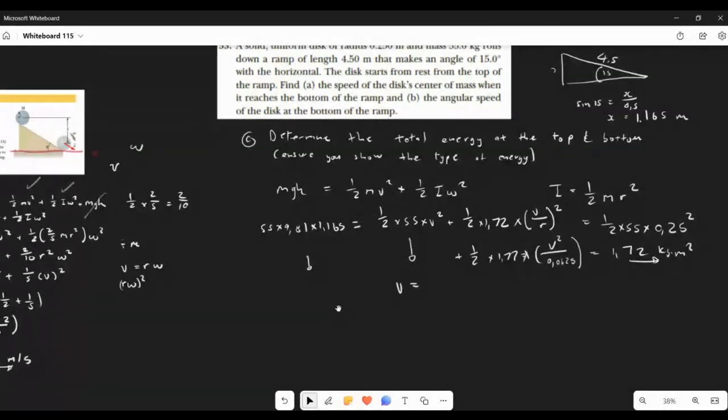We get the answer of, what's that answer there? 3.9 meters per second. To convert for omega, it's 3.9 divided by 0.25, and we get the answer of 15.6 radians per second, right?